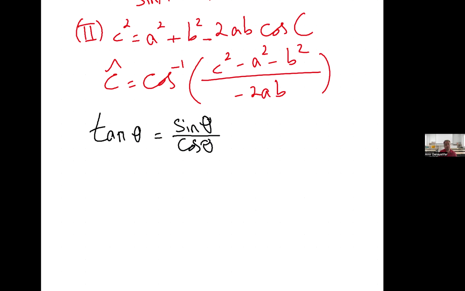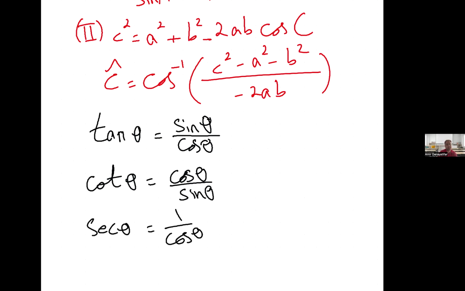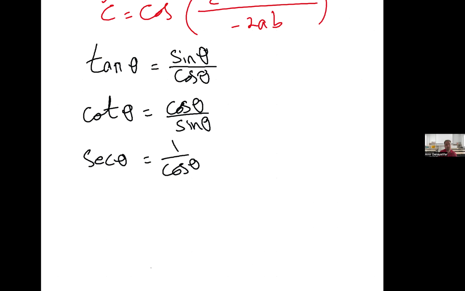Cotangent theta can be written as cosine theta over sine theta, because cotangent is the reciprocal of tangent, like 1 over tangent. We already knew secant theta is 1 over cosine theta, and cosecant theta, CSC theta, is 1 over sine theta. So this way we can write everything in terms of sine and cosine.